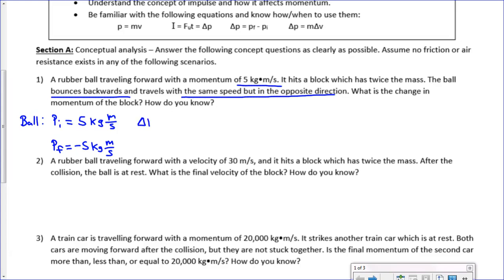So what we know here is the change in momentum for the ball equals negative 10 kilogram meters per second, because it went from 5 to negative 5. That's a change of 10, and it goes down.